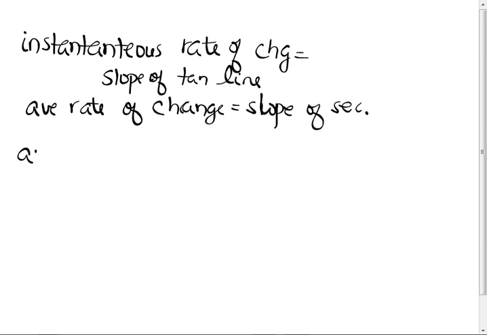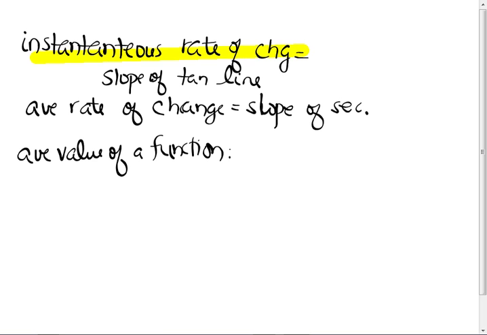The average value of a function. Okay, they sound all alike, but they're not. Instantaneous rate of change, average rate of change, and the word that's going to throw you off is average value of a function. Okay, guys? Average value of a function. Be careful when you see the word average. It could be one of the two.